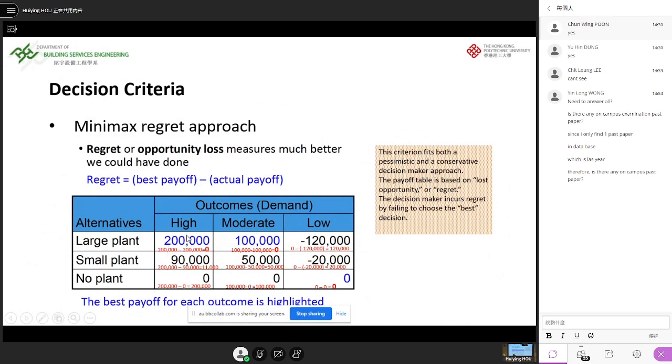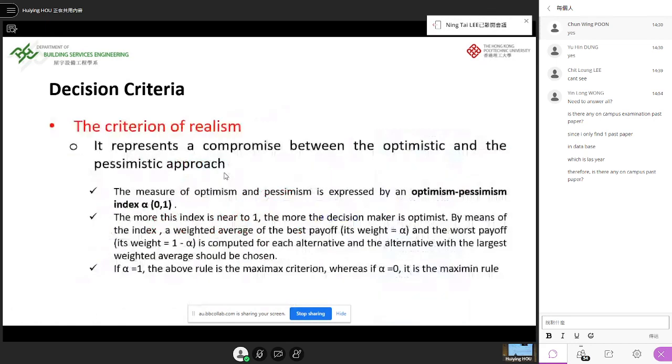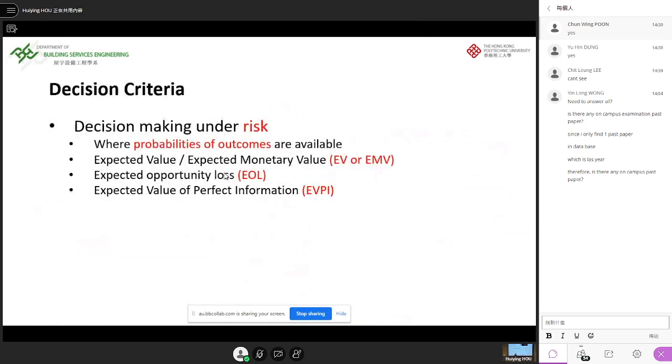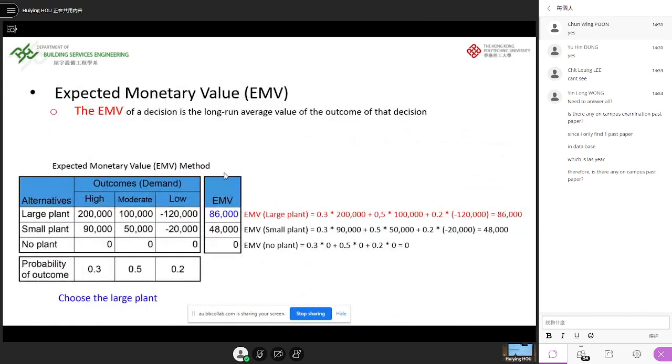So you need to be aware of how to calculate the regret value. With the correct regret values, you can calculate EOL. Because I read one student's submission, I realized the student had some misunderstanding of calculating regret value, so I just want to highlight that here.